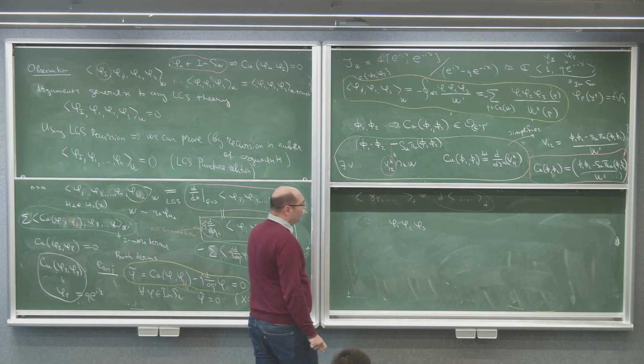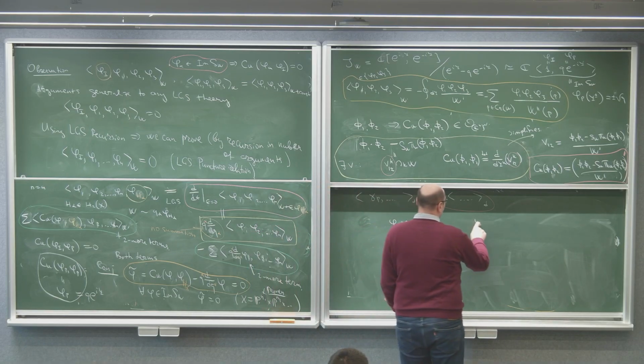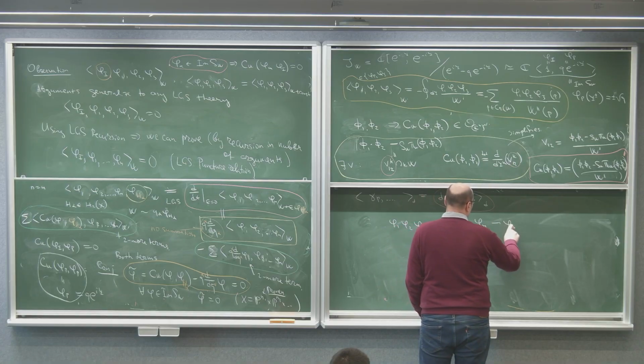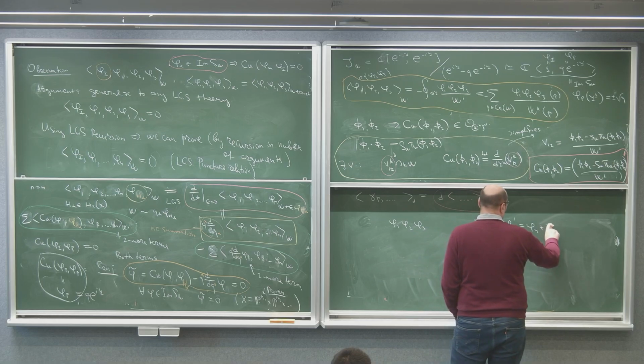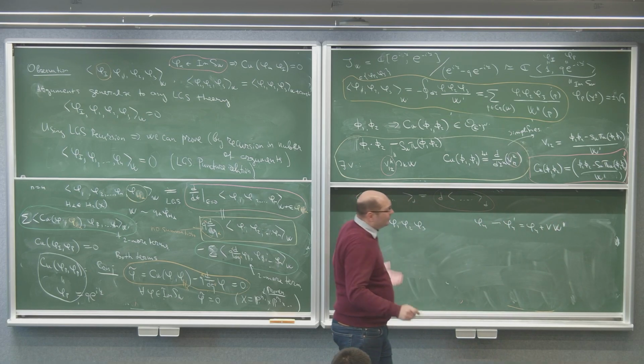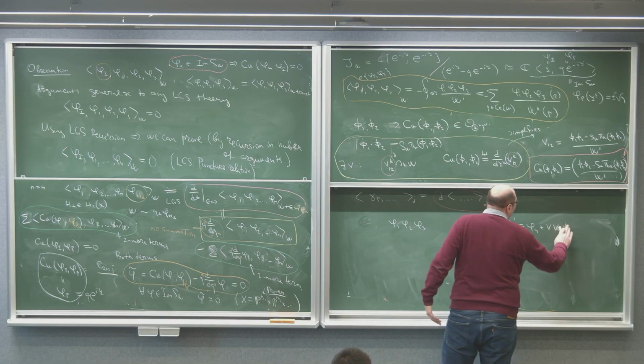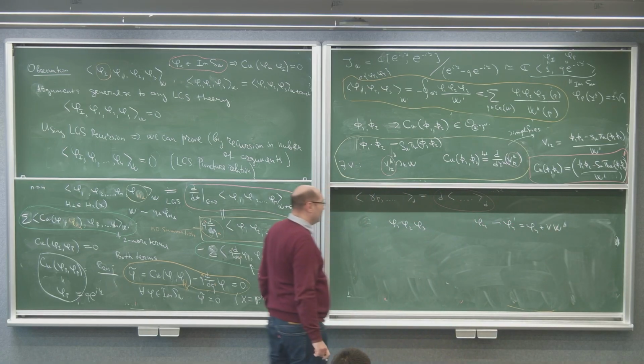And we shift one of the observables, say phi 4, and change it to phi 4 prime, which is phi 4 plus a one-dimensional vector field v times w prime.